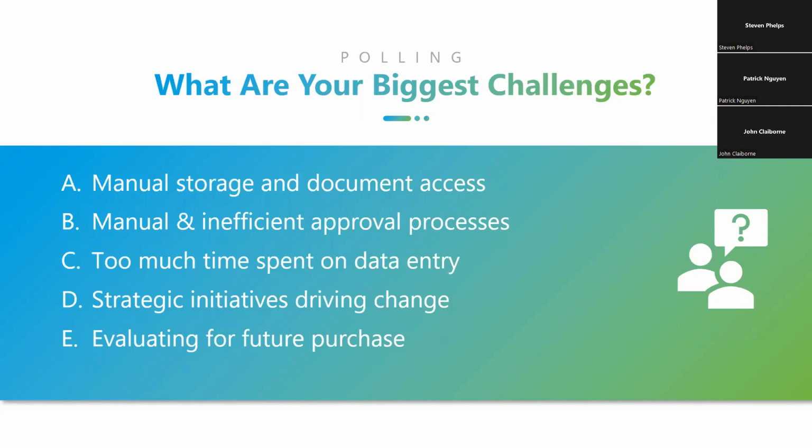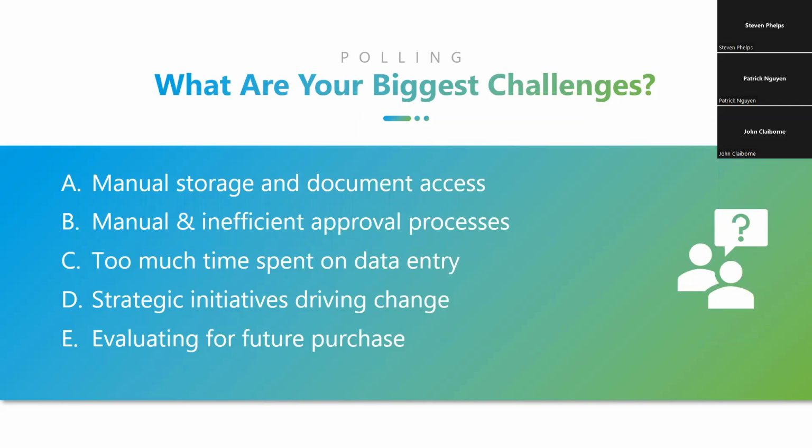Or is it B, manual and inefficient approval processes that you have throughout your organization? Is it C, too much time spent on data entry for your AP invoices, for instance? Is it D, there's a strategic initiative that's driving a change in the organization? Or E, evaluating for future use or future projects?